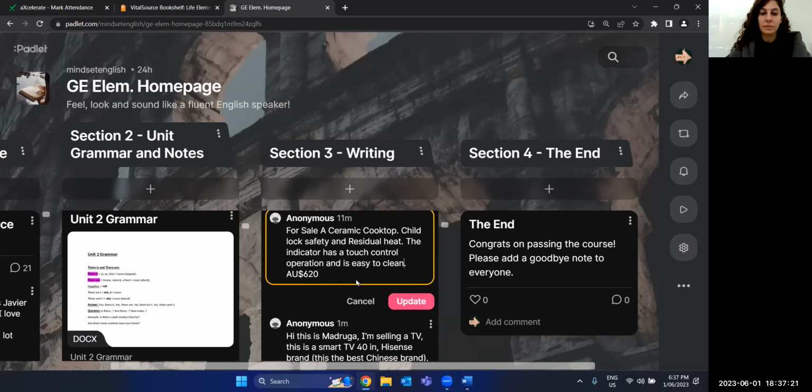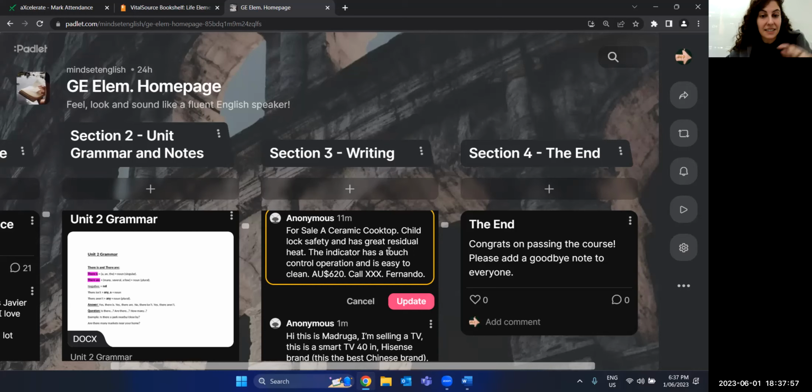$620, who do I call? So who did this ad? Who did the ceramic cooktop? Fernando? Yep, so call Fernando. Okay, so you said for sale, a ceramic cooktop, it has child lock safety, and has great residual heat.